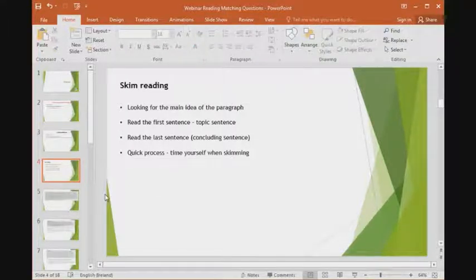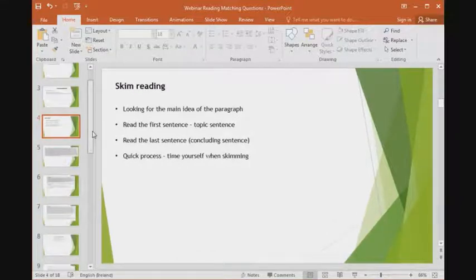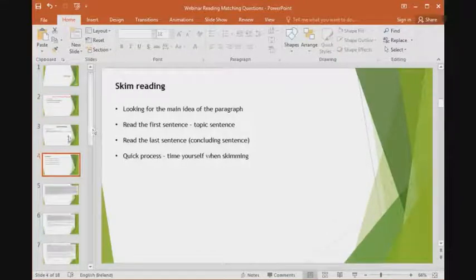Okay, so now we've read the heading titles and we've skimmed the paragraphs, so we kind of know what we're looking for. Yeah. Okay, so another good way for you to practice a headings match.